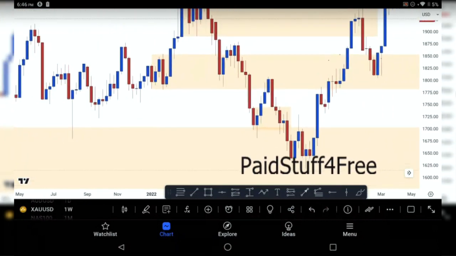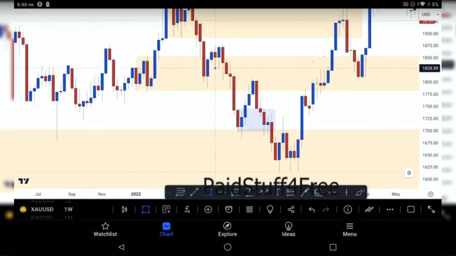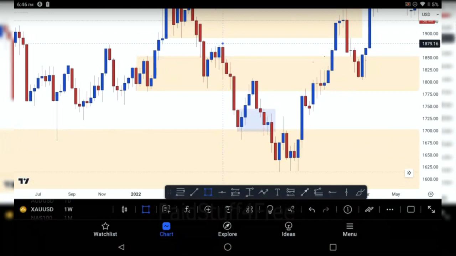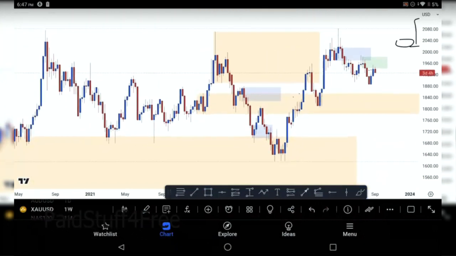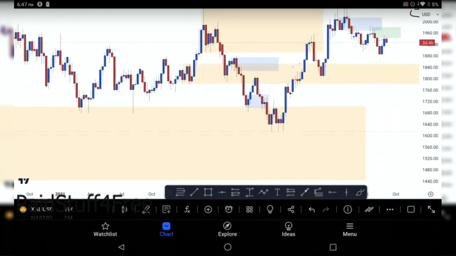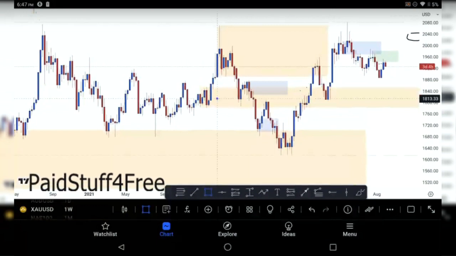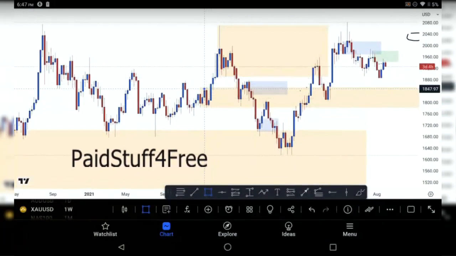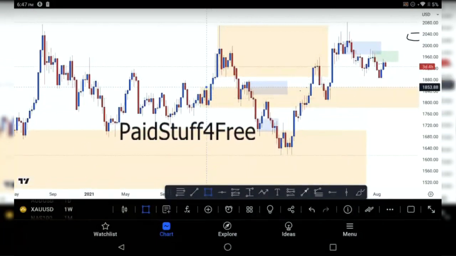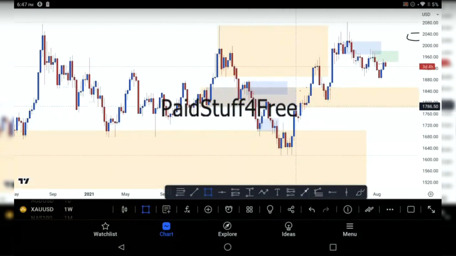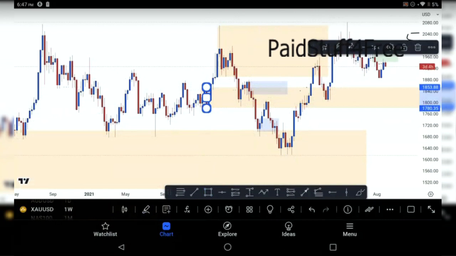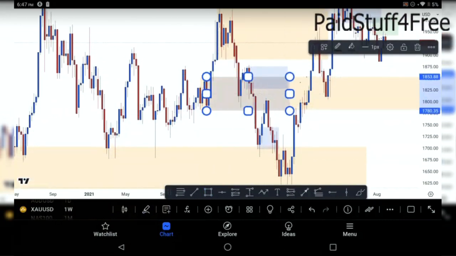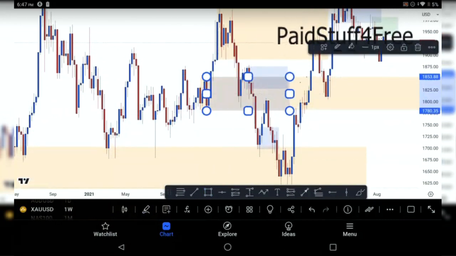No, because this is where price should have changed its storyline, this zone right here. Because weekly is still bearish. Why do I say that weekly is bearish? Because price broke out of this engulfing buy here on the weekly time frame. Can you see that? Price broke out of that zone. So weekly is now bearish.